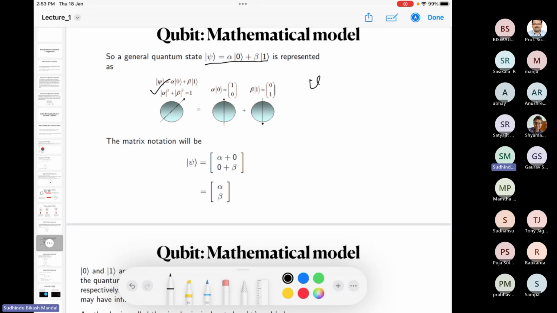If I apply it over this psi, it will change the state of psi, giving psi dash. So after applying this quantum operator, our qubit will change its phase or its position, you can say. Fine.